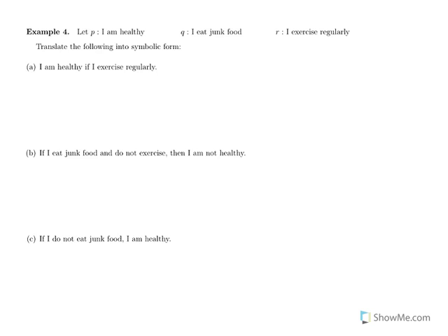So the first statement is I am healthy if I exercise regularly. Note that this if-then statement is not written necessarily as if-then. If we did, it would be: if I exercise regularly, then I am healthy.